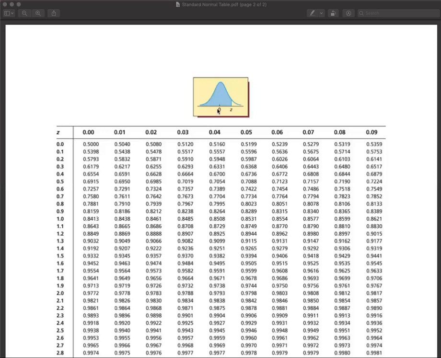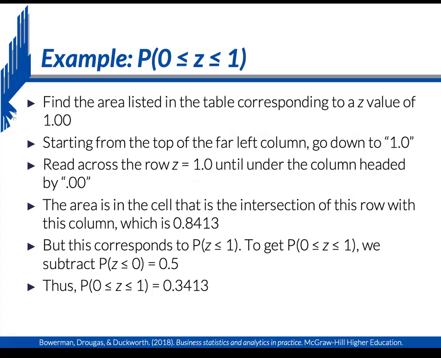The area to the left of 0, remember this is the center, this is the mean, and as indicated here in the table, is 0.5. So if you get the difference between 0.8413 and 0.5, you will get the total area in between 0 and 1, which is 34.13%. So that's how we find probabilities between two values using our standard normal table.